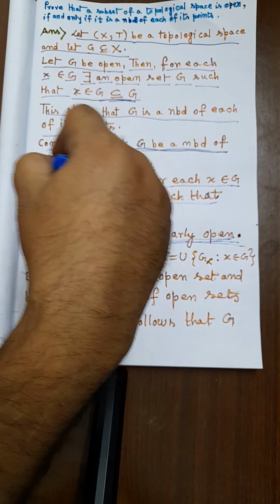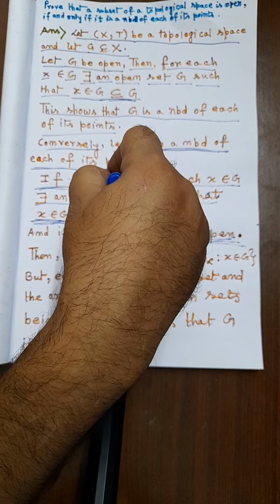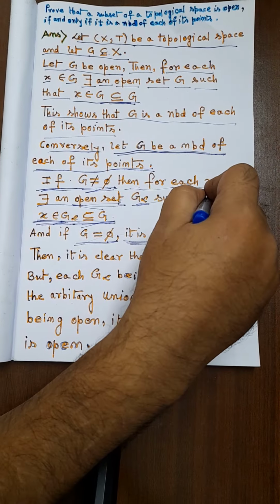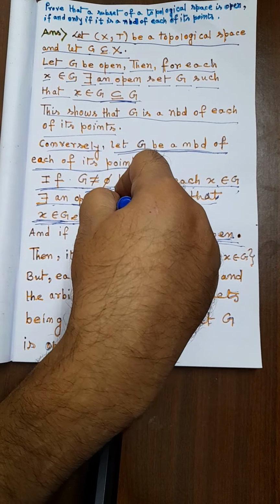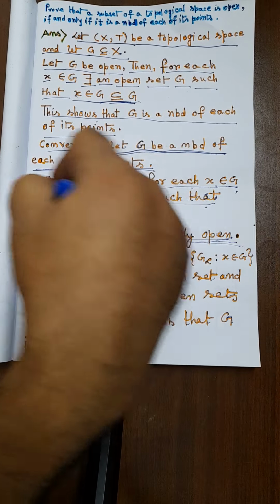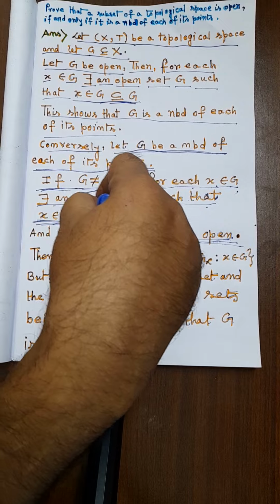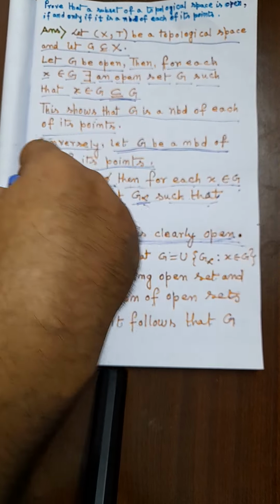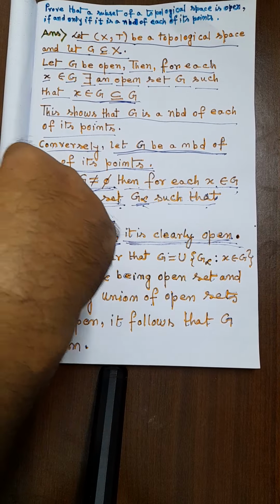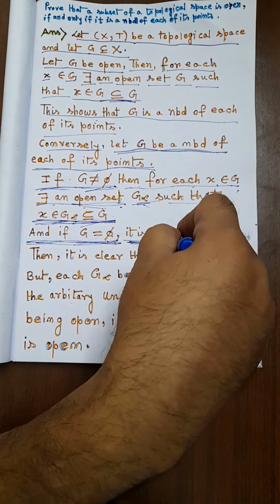Again, I am going through. If G is not equal to the null set, then for each x belongs to G, there exists an open set G alpha such that x belongs to G alpha is a subset of G. And if G equals phi, that means if G is the empty set, it is clearly open.